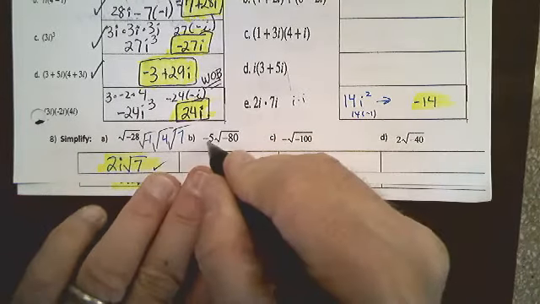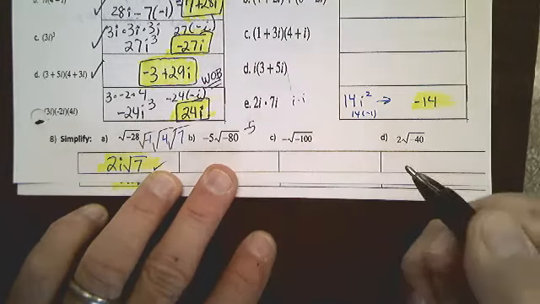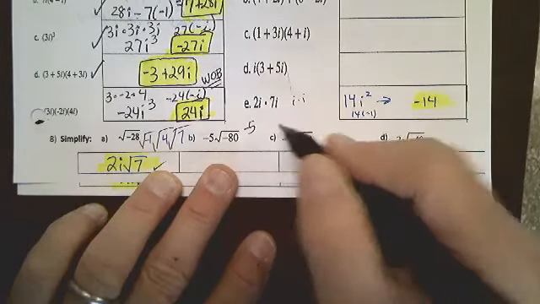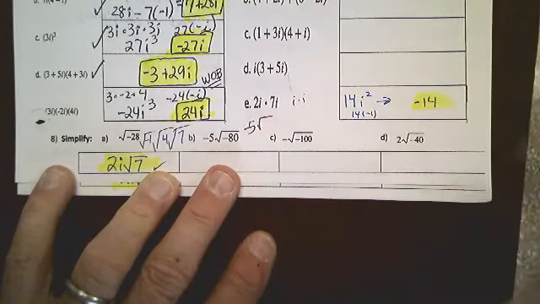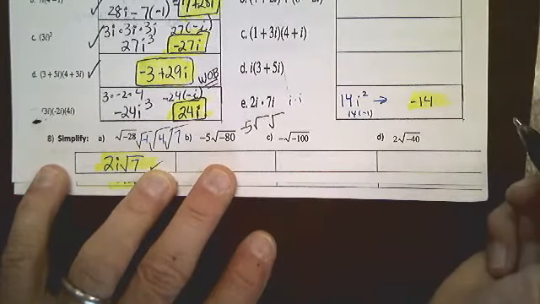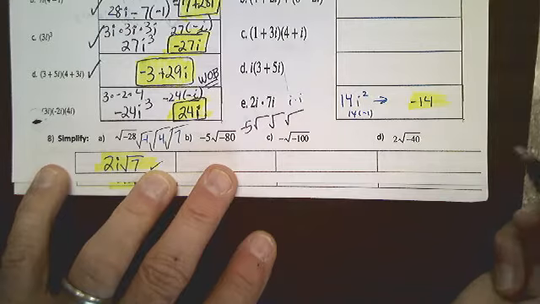So I carry the -5. And then I have to go rad, rad, rad. Remember, rad is short for radical. There's the first one. It's blank. There's the second one. It's blank. There's the third one. It's blank.